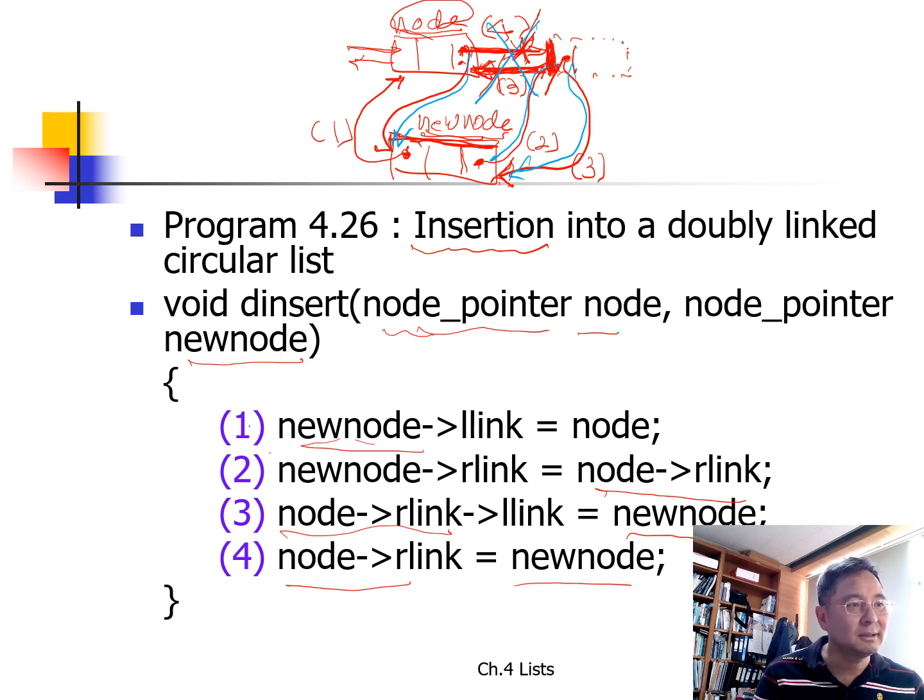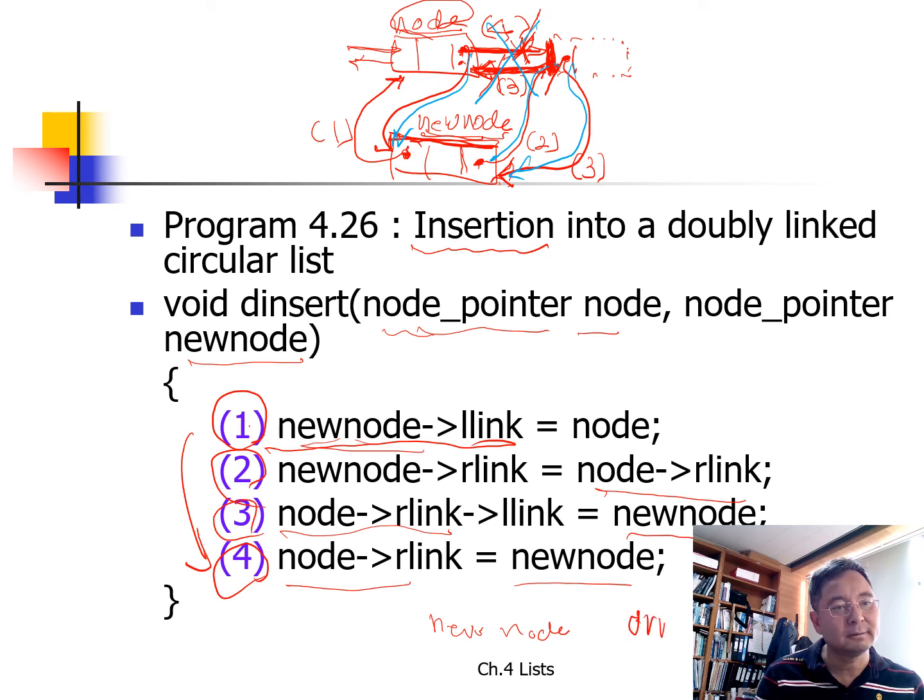So you must keep the sequence. First one, second one, third one, and fourth one here. You cannot make new node or any node as orphan or garbage. You cannot make any node as orphan or garbage.